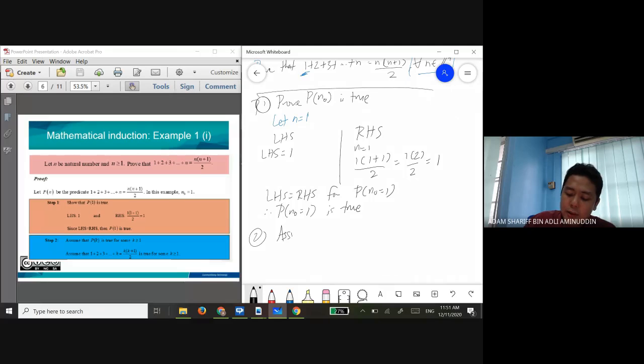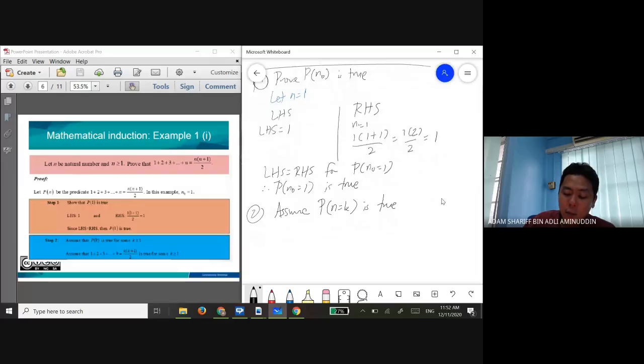Number 2, you need to assume that P(n) equals to k is true. We believe that 1 plus 2 plus 3 until a certain value, n equals to k, not n, is k.